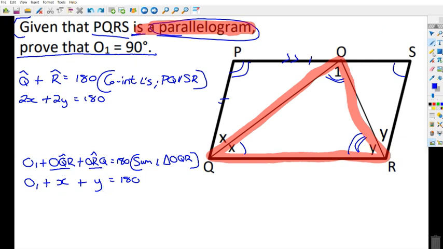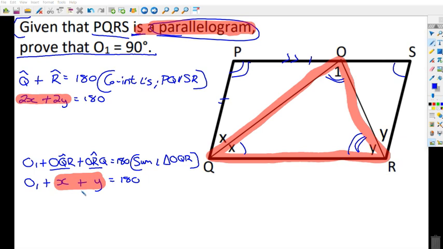If it hasn't rung a bell yet, it probably has for some of you. But I see that I've got x plus y here, and over here I've got 2x plus 2y. I think some bells are ringing. So how am I going to get this to look like this?